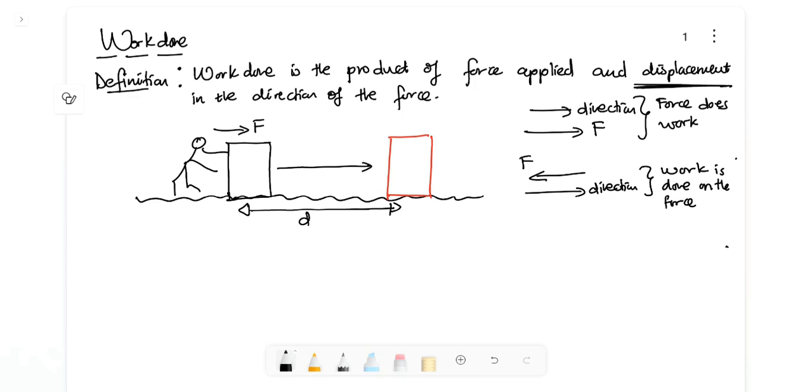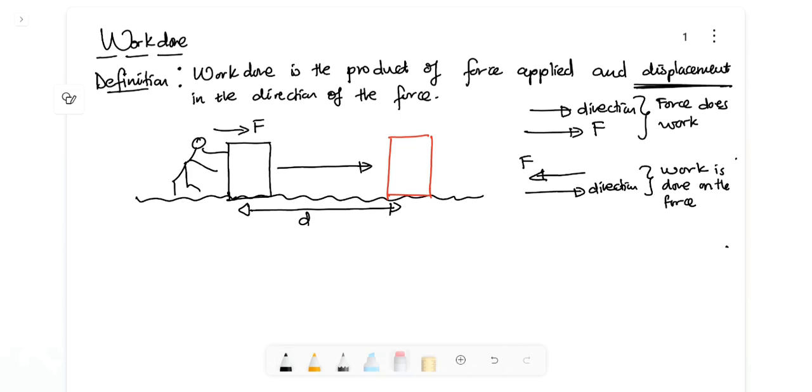You see, some of the questions in most cases are qualitative, where we need to be able to explain things. There is no calculation, so we must always take note that each time work can be done by the force or work can be done on a force.